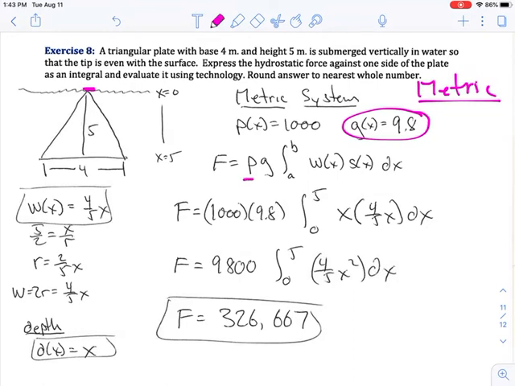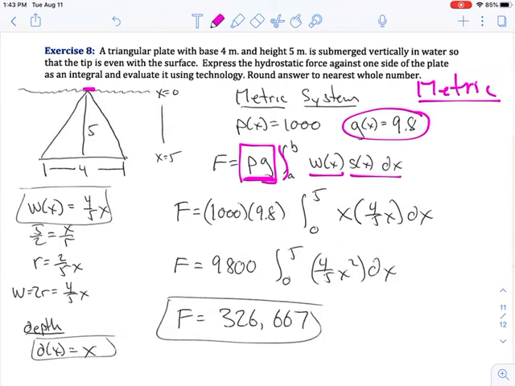So instead of just the density, it's the density times g, just like I explained in the work problems in the previous video. Anytime you're in the metric system, the only difference is you're multiplying the density times g, 9.8 meters per second squared. So both of those are constants times the integral from a to b times my width function times my depth function.